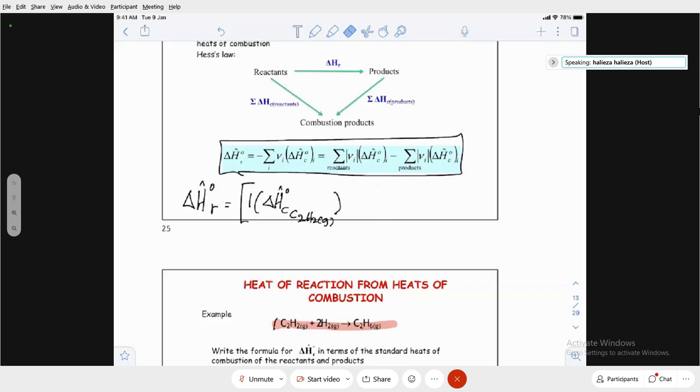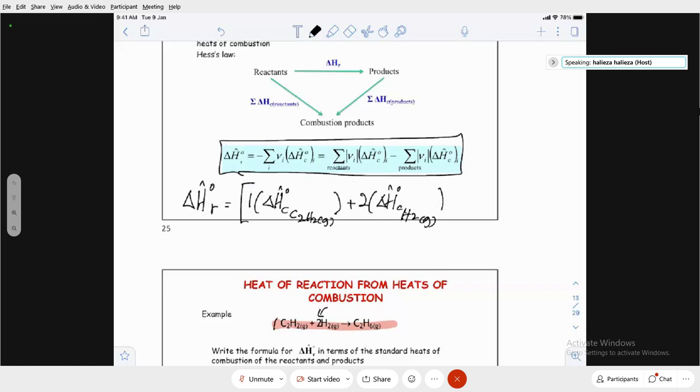There's another reactant, hydrogen. Plus 2, there's a 2 in front of hydrogen: 2 times the heat of combustion of hydrogen gas. It could be misleading if that H were mistaken for a smaller letter. This is hydrogen gas.